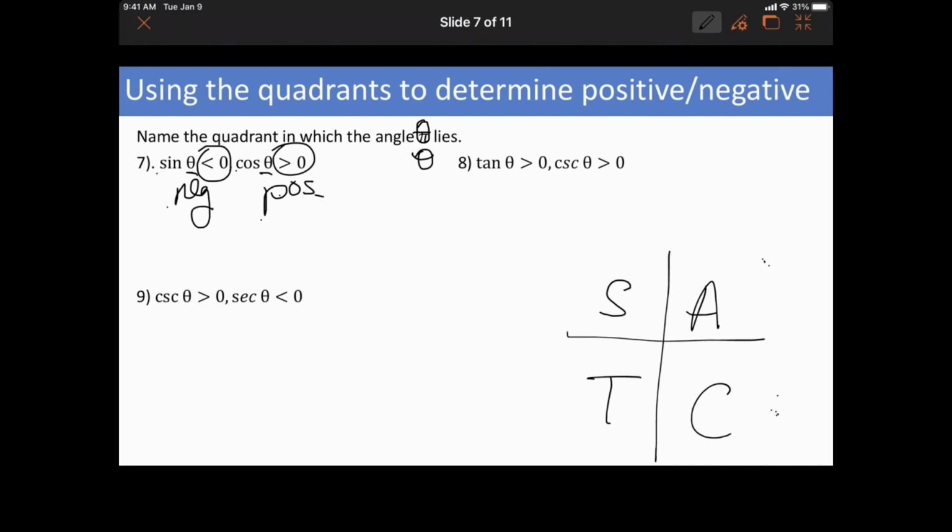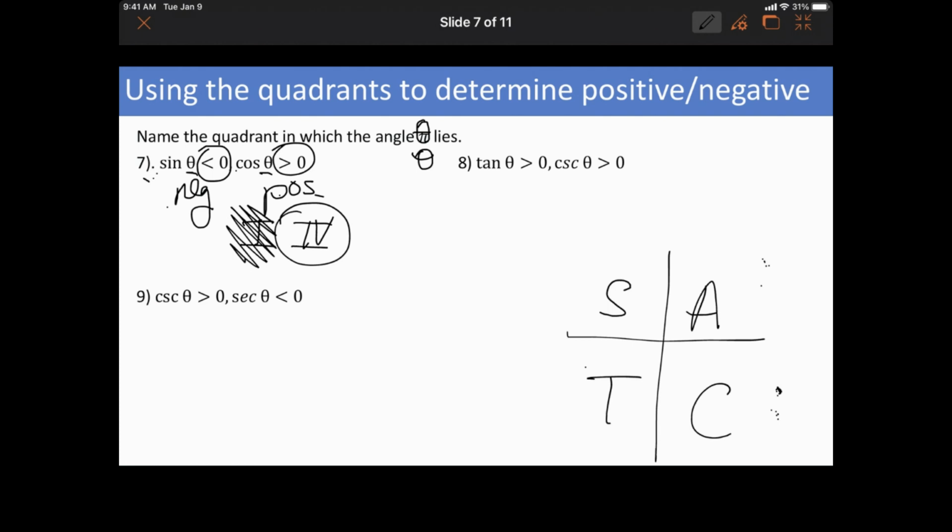Okay, cosine is positive in the 1st and 4th quadrant, right? So it has to be one of them. But then you look at the other one. Well, sine is negative here and here. So between these two, it's either the 1st or 4th quadrant, but it can't be the 1st quadrant because everything's positive there. So the answer is the 4th quadrant.